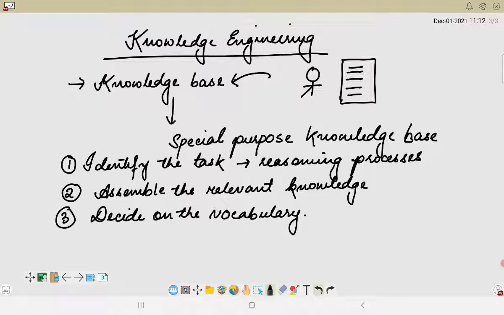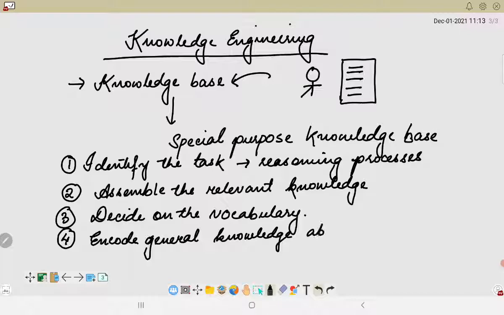Now the fourth important step is to encode the general knowledge about that particular domain. Okay, and for that we have to have certain rules. So encode general knowledge about the domain.